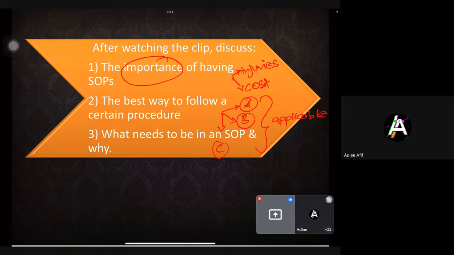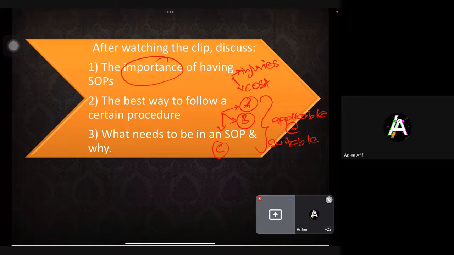Applicable here meaning that it is going to be the most suitable. Of course, when you are dealing with SOP, sometimes it is not really practical, so you have to create a new one, or you have to come up with a new one.